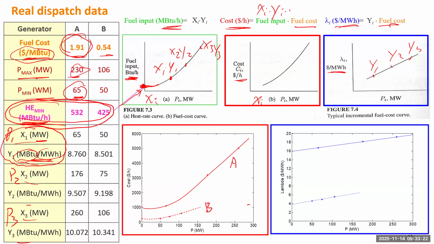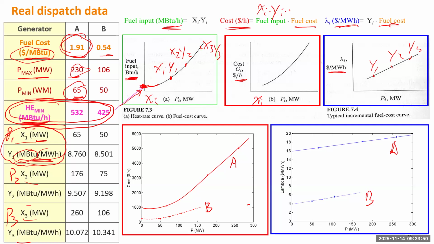Compared to unit B, because the fuel cost for power plant A is higher. And the second curve has incremental cost, so the value of each point indicates the price, dollar amount per megawatt hour, the energy price, changing with the output. So that relationship is treated as linear in this slide.